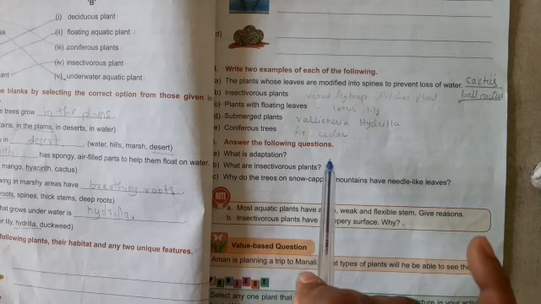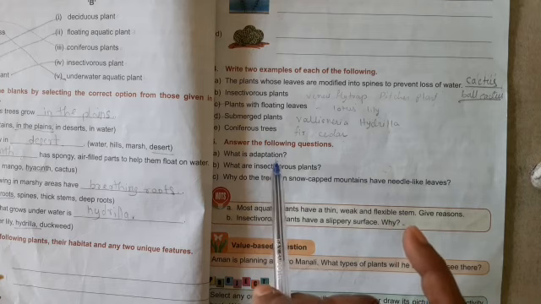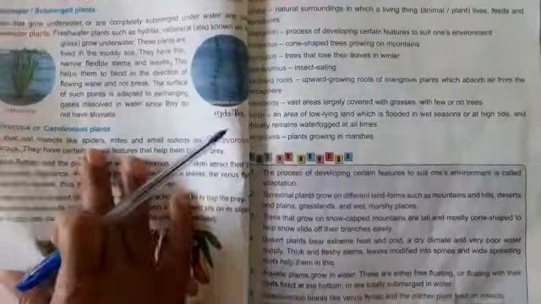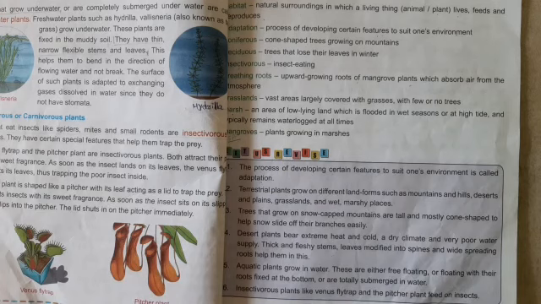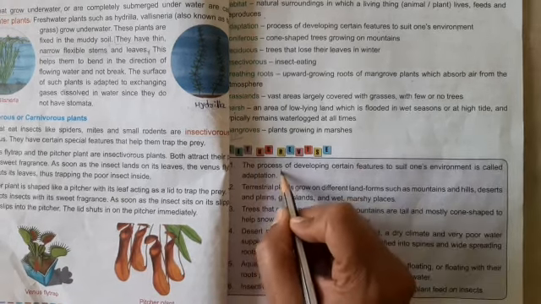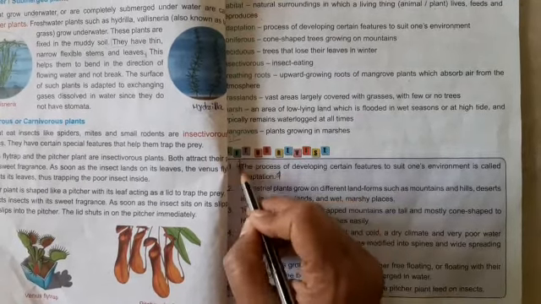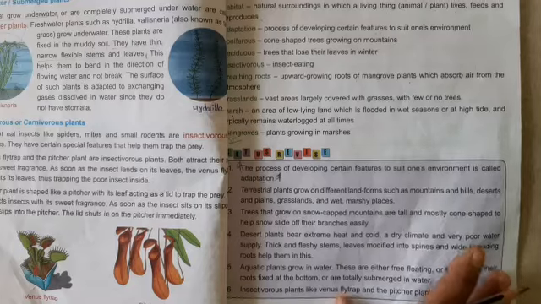Answer the following questions. What is adaptation? First question, what is adaptation? Turn the page. See here. The process of developing certain features to suit one's environment is called adaptation. See, right from here to here, and this question's answer I will give you in homework.